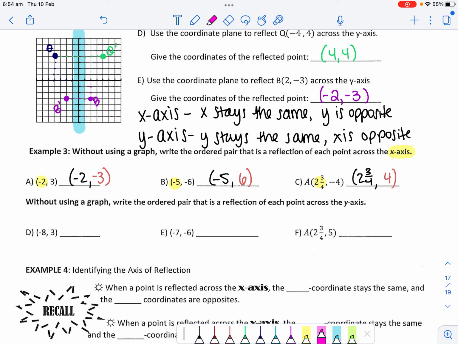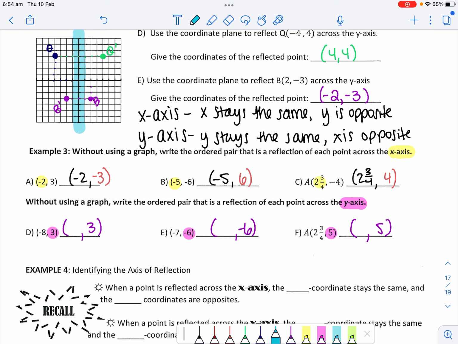Now the next one says, without using a graph, write the ordered pair that is a reflection across the y-axis. Well, if it's across the y-axis, then y stays the same. So here it's going to be comma 3, here it's going to be comma negative 6, here it's going to be comma 5. And then I have to flip my x coordinate.